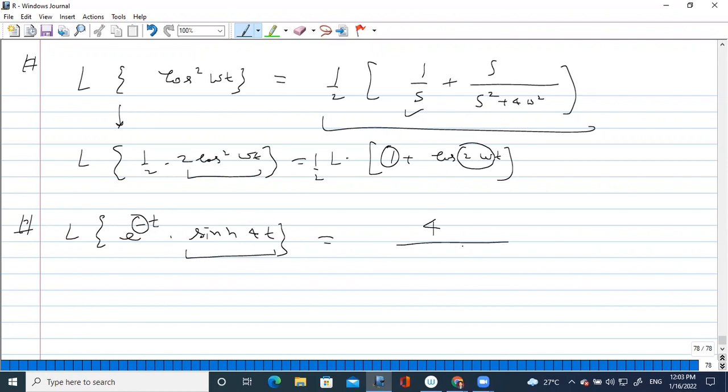This is 4 divided by s square minus 16, but this s you have to replace by s minus minus 1, so that will be s plus 1, so it will become s plus 1 whole square.